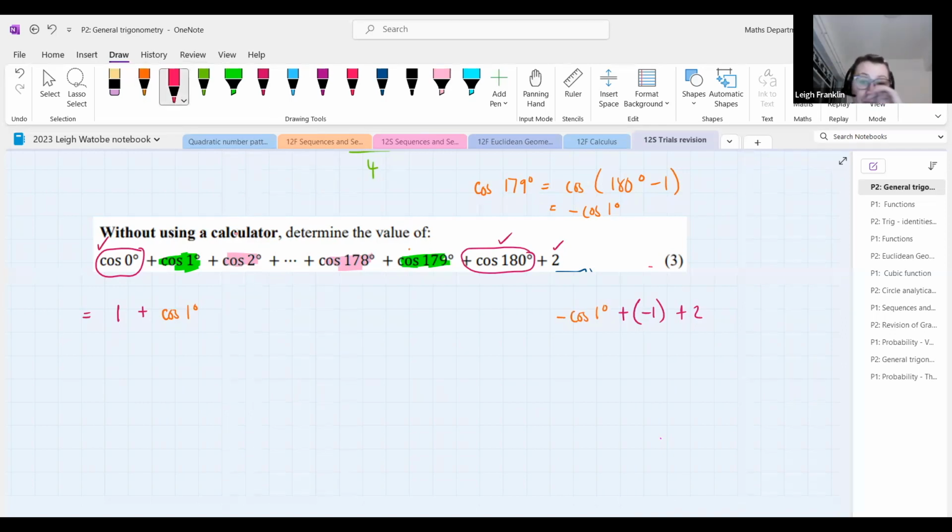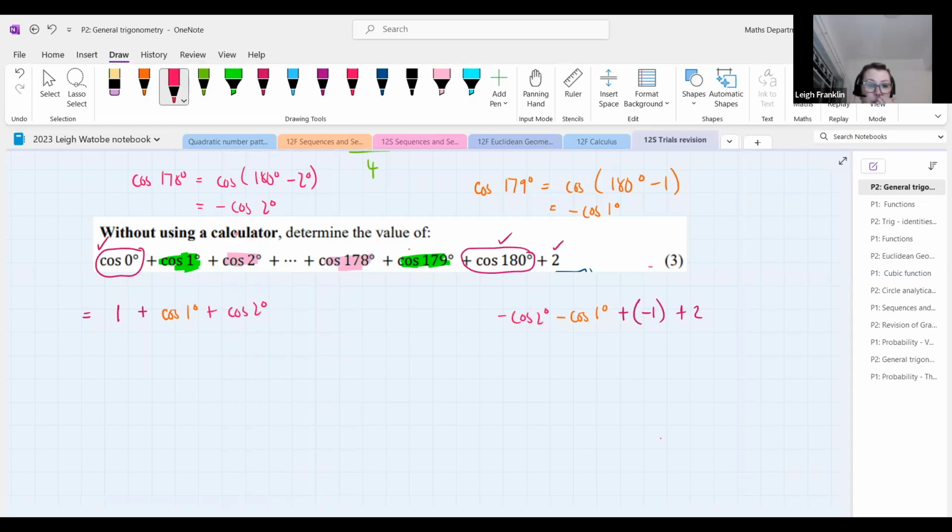The same thing would happen with the cos of 178. The cos of 178 is the cos of 180 minus 2, so this would reduce to negative cos 2 degrees. So now you've got plus cos 2 on that end, and on this end you've got negative cos 2 degrees.